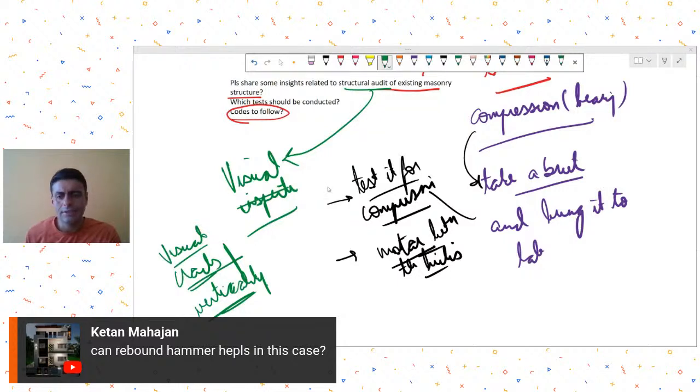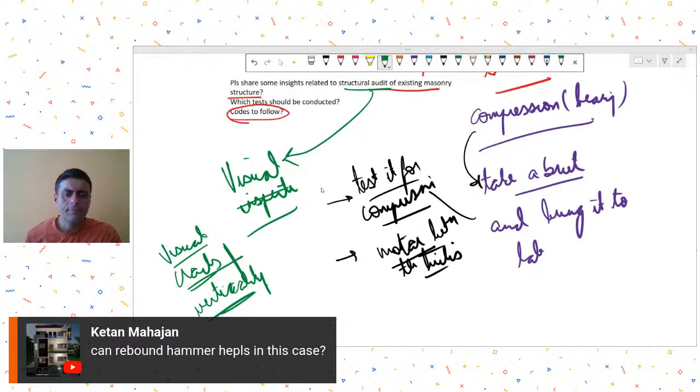Exact testing is taking a sample or taking a brick with you. You will not be able to take a core sample, as I just told you. Cutting cores in brickwork will not be possible. Your core will not remain intact. So take a brick out of your load bearing wall, and then bring it to the lab and test it for compression. Rebound hammer, I don't see how it will help you.